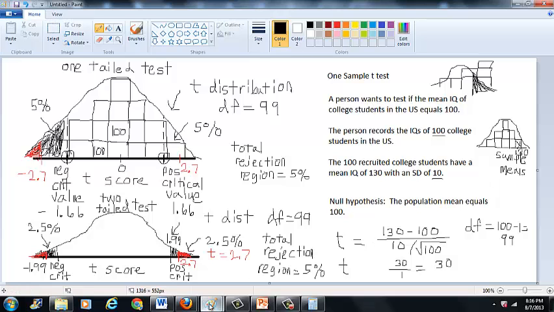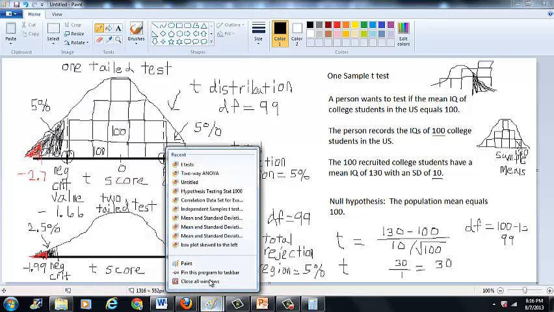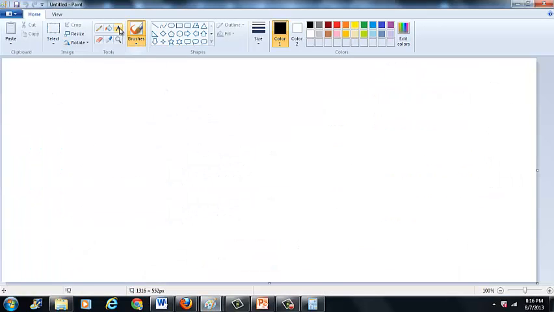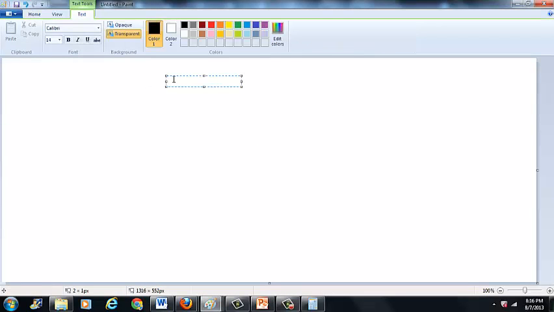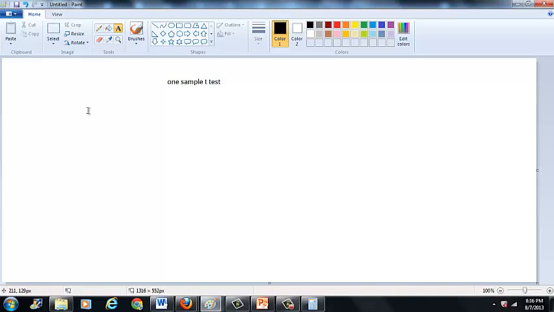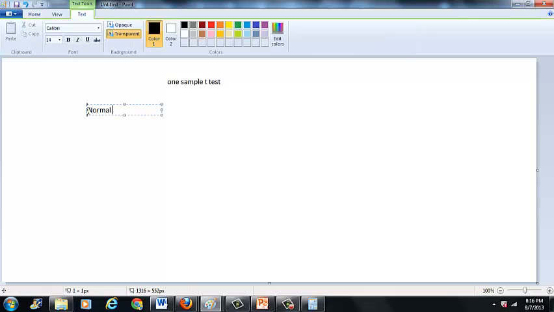So let me see if I can summarize this. When the sample means are normal, you have a t-distribution curve around the t-scores.